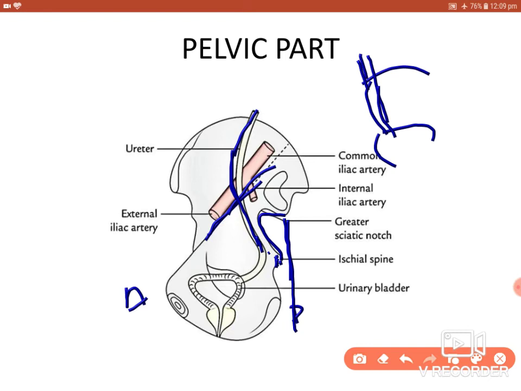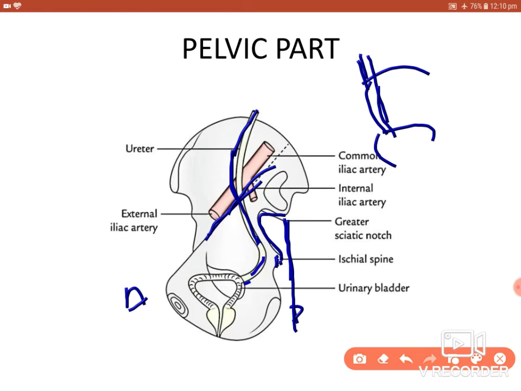It goes anteromedially, moving in a transverse plane, that is horizontally, towards the bladder.